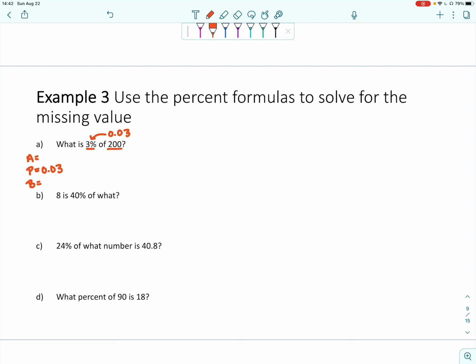So what is 3% of 200? Of 200 tells me that that's the total. That's the larger amount. So that's my base. So I'm looking for A, the amount. So the formula to find the amount is the base times the percent.